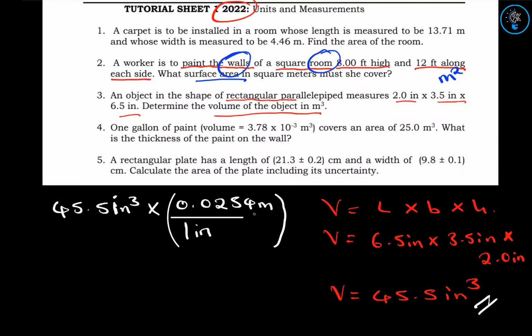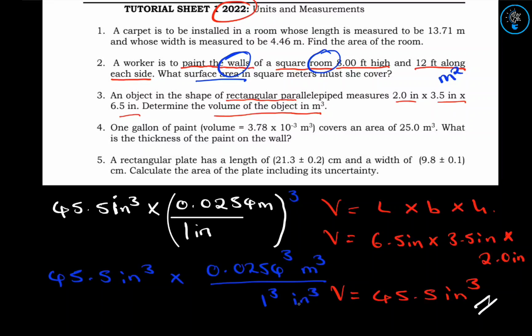Let's continue. So we have that particular conversion factor and we need to raise it to the power 3 so that the units match. So our next step, remember you need to do your work step by step to avoid mistakes, will be 0.0254 cubed meters cubed over 1 cubed inches cubed.